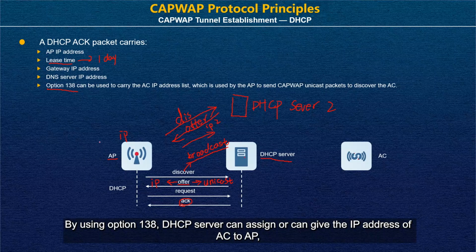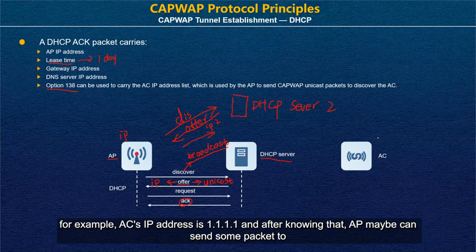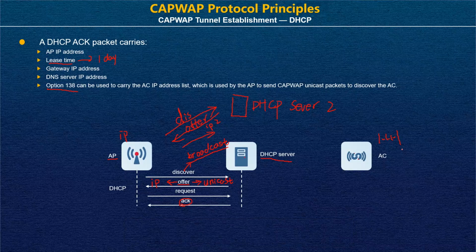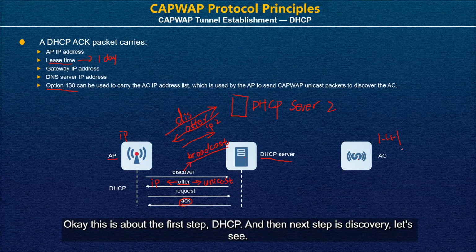By using option 138, the DHCP server can give the IP address of the AC to the AP, for example, that the AC's IP address is 1.1.1.1. After knowing that, the AP can send some packets to the AC to ask for permission, for example whether it can establish a tunnel with you. This is about the first step.